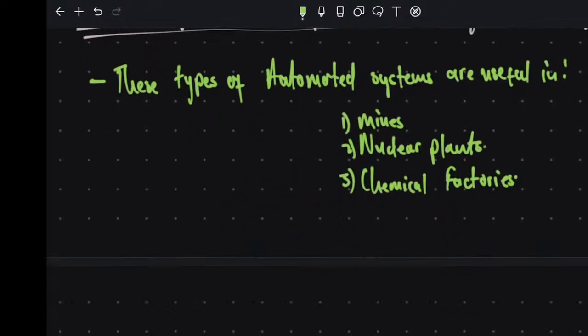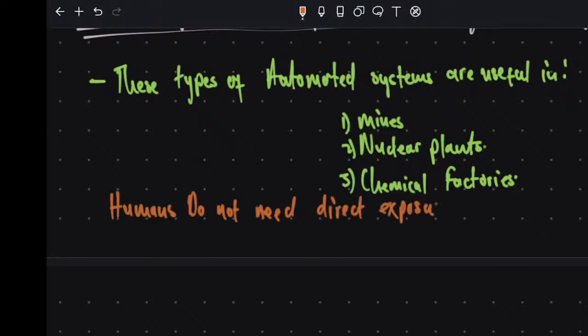Humans do not need direct exposure to these. So they're helping.